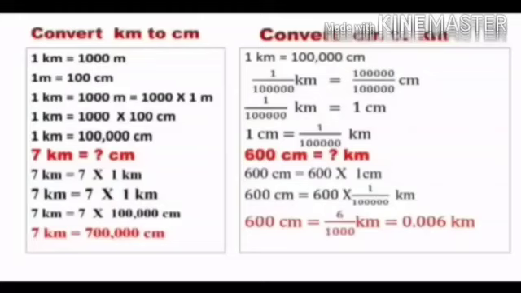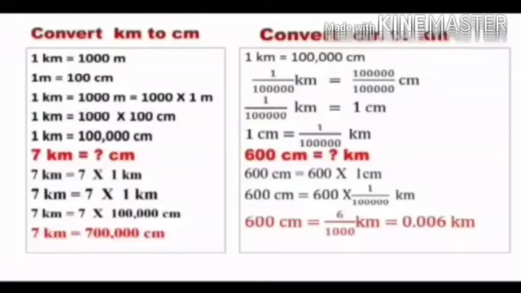This relation we use to convert from kilometer to centimeter. Let us have an example here. Suppose we need to convert 7 kilometer to centimeter. We can write 7 kilometer as 7 times 1 kilometer.